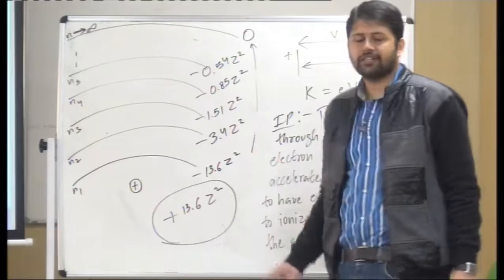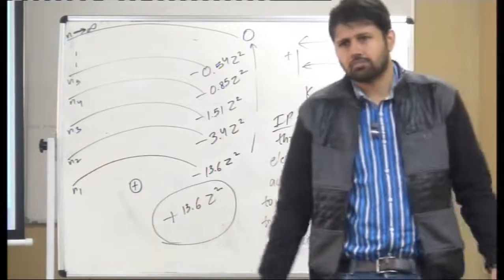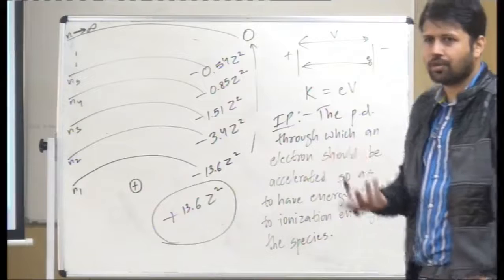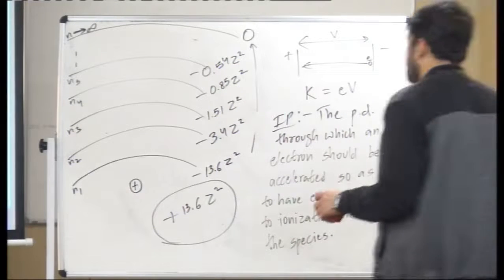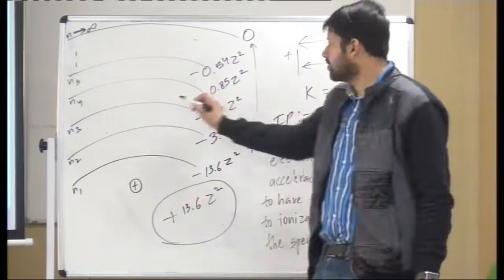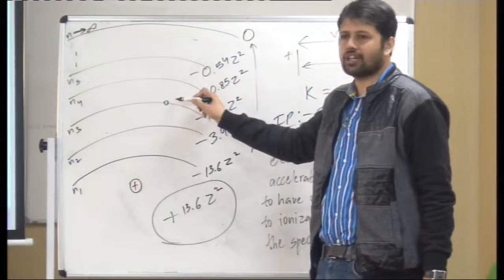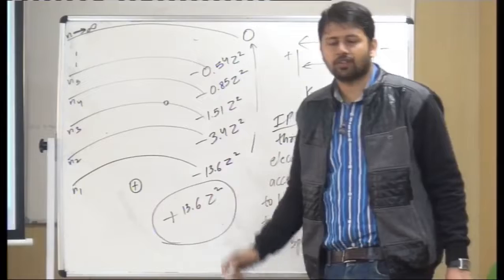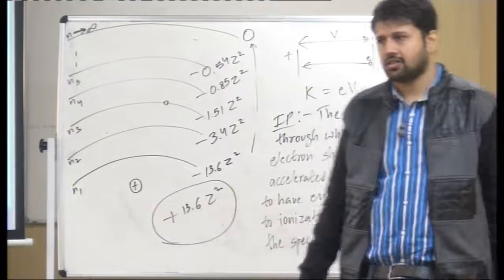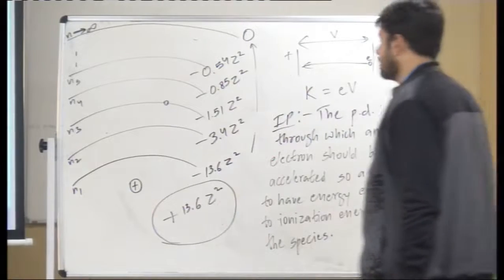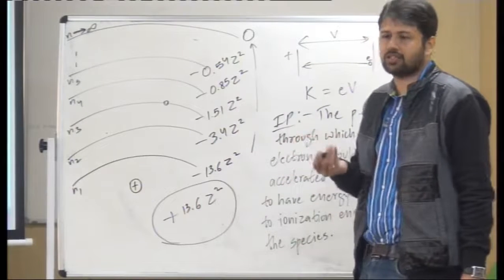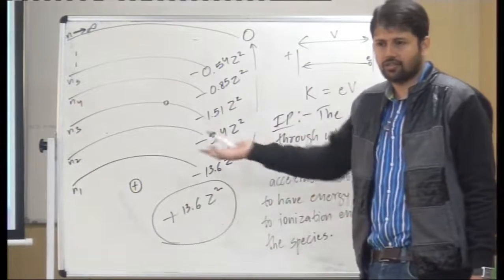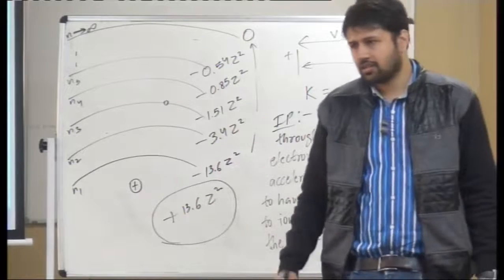So it has to be independent of n. It involves removing an electron from orbit 1. We don't define ionization energy for a state where, let's say, the electron has been removed from the third. It's not called ionization energy. It can be asked in a question, but the question won't use the word ionization energy for this. Right? Shall I erase this?